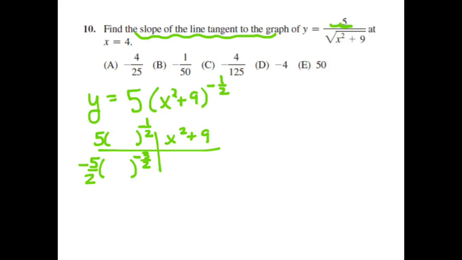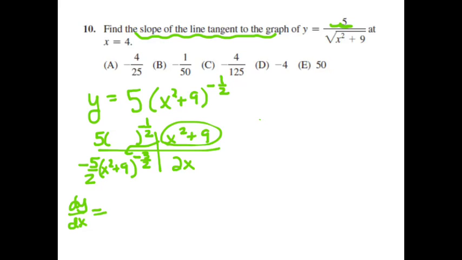And then the derivative of x squared plus 9 would be 2x. And this x squared plus 9, that's what goes inside the parentheses here. Okay, so I have my derivative, and we could rewrite things and simplify. Actually, I think I will simplify.